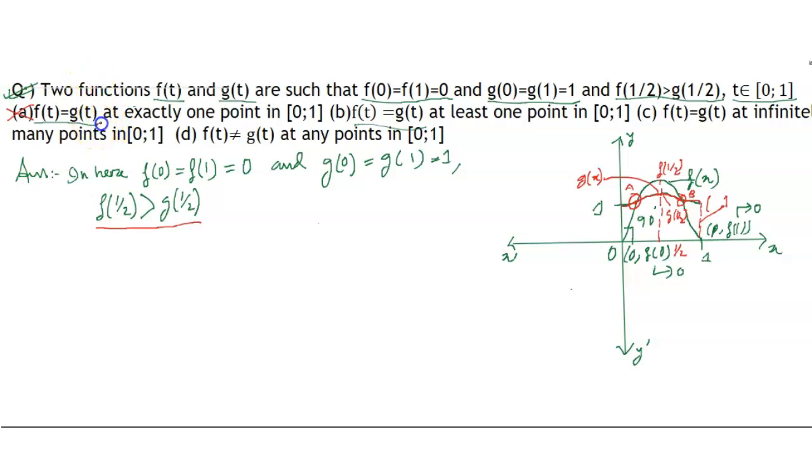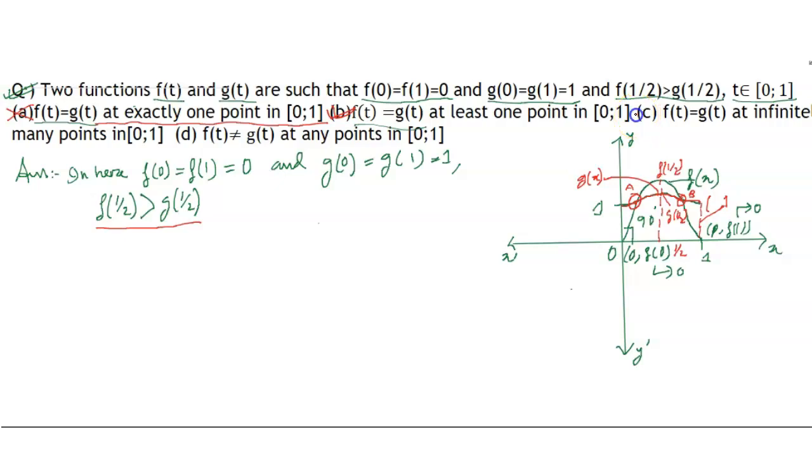According to our drawing, exactly 1 point in [0, 1] is not possible. Option B, f(t) equals g(t) at at least 1 point in [0, 1], is possible because according to the drawing, one point meets and another point also meets. So at least 1 point in [0, 1] is possible.